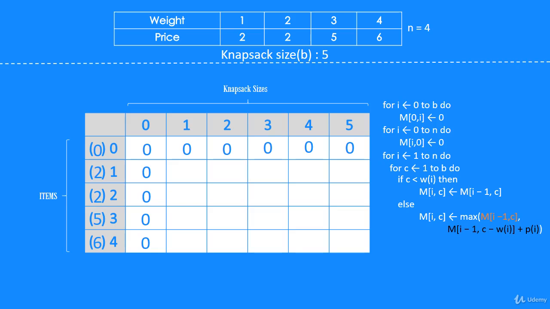Why is that? Well, the first option says that this item is not in the best solution for the current knapsack size. The second means that this item is in the best solution for the current knapsack size. And why are we moving by weight to the left? Well, since this item is in the solution, it takes up some space.